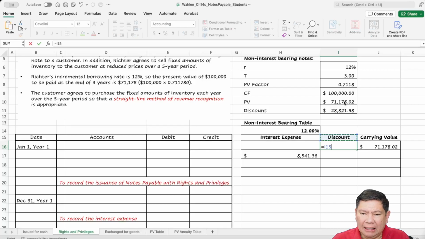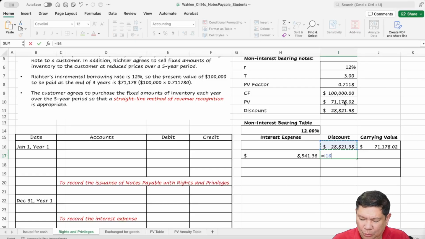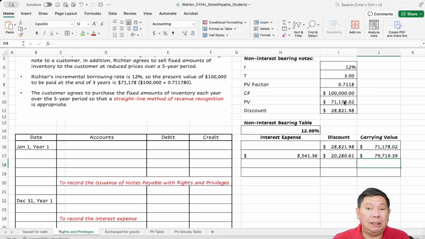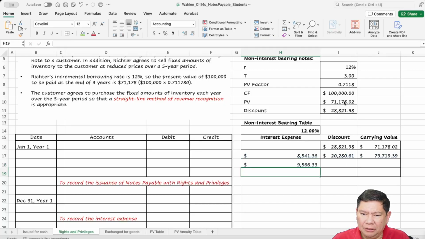We started the discount with 28,821.98, and it will go down by the amortization. The carrying value is the previous carrying value plus the amortization, which is also the interest expense. Okay, 12% times the carrying value.